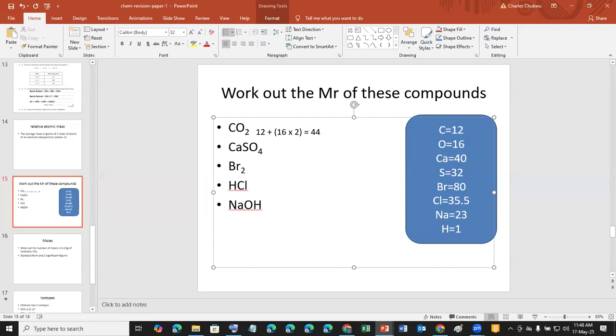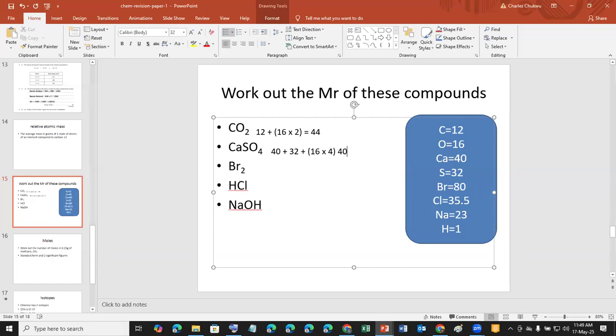For calcium sulfate, there's only one atom of calcium, so that's 40, plus sulfur, which is 32 from our table. And then oxygen is 16 still, so that's 16 times 4, and 16 times 4 is 64.